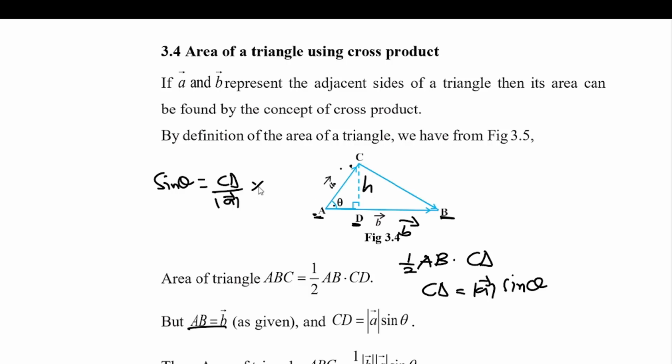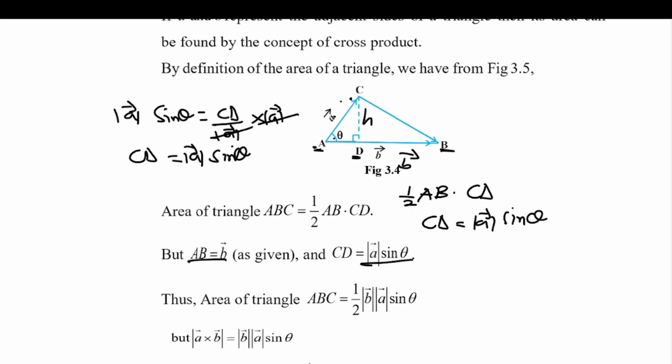And for that matter, when you multiply here by magnitude of A, here too by magnitude of A, then by simplification, you can say that CD is equal to magnitude of A sine theta, and that is what we have here. Now we are going to substitute this magnitude of A and this one too here. So now we have the area of triangle ABC to be half of this one.